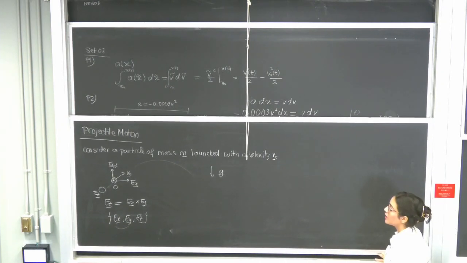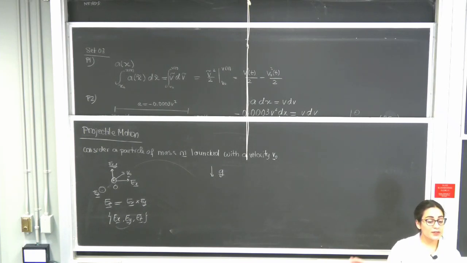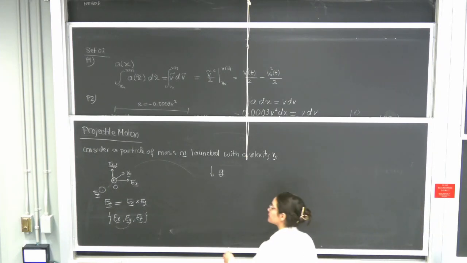So when we're solving a problem, I'm going to write down the 4 steps in a bit, but the first step is what we did now. We chose our origin, we chose our basis, and I'm going to write the position vector to the particle.